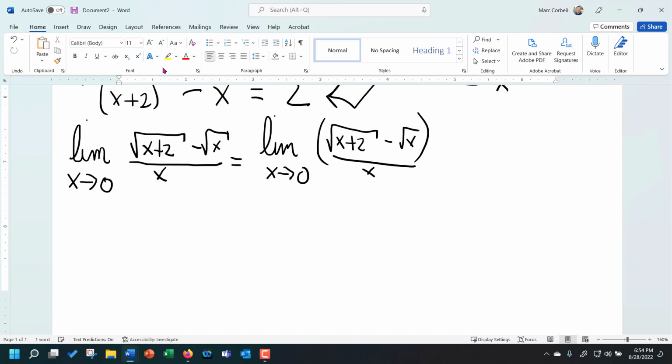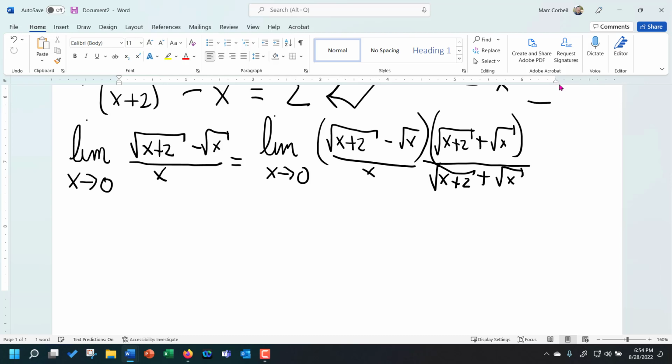And then I'm going to multiply here by the square root of x plus 2 plus the square root of x. Now I can't just introduce a term like that without doing something to balance it out. So I'm going to make sure that I do top and bottom multiplication. That way I'm essentially multiplying this by 1. So here's my 1: the square root of x plus 2 plus the square root of x, over the square root of x plus 2 plus the square root of x. So that part is balanced.